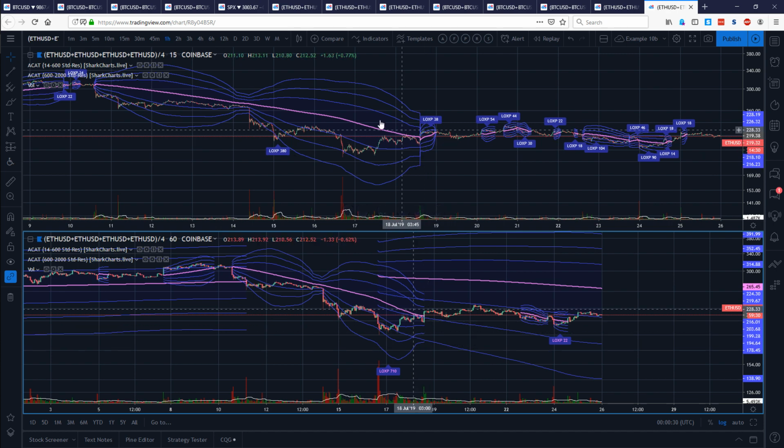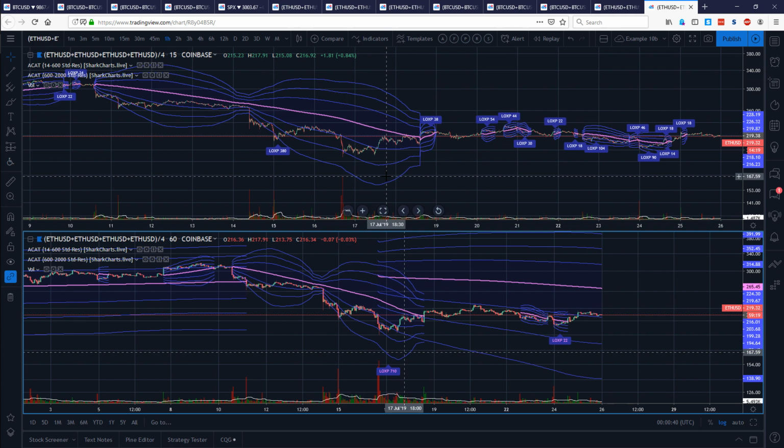So it's not that there's some great mystery as to why, if you do set ACAT or really any of the volatility-based indicators that we have on shark charts to different time frames, they don't actually track the same period. It's because there's part of the calculation that's tracking a number of bars that's dependent on the time frame.